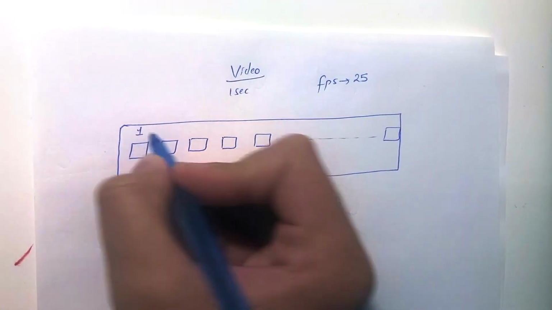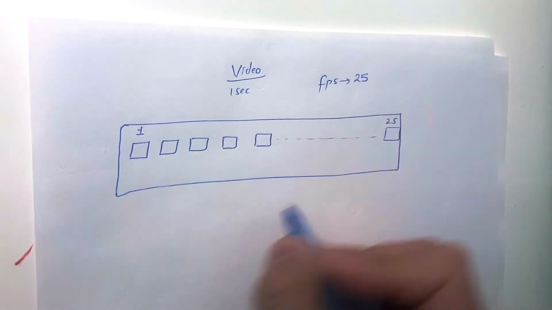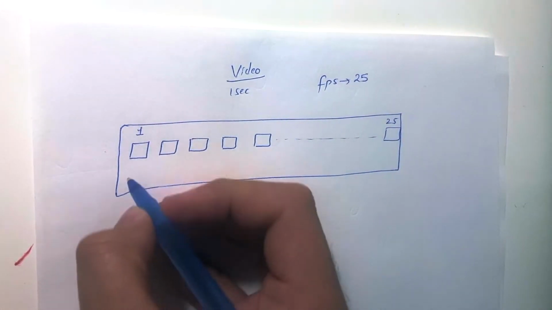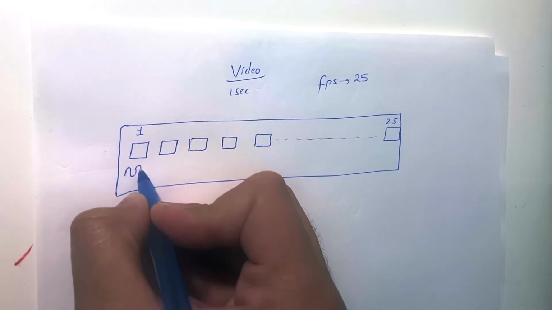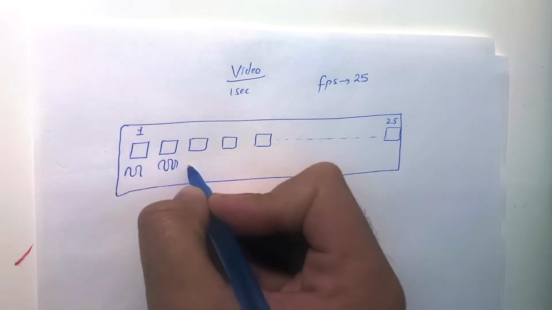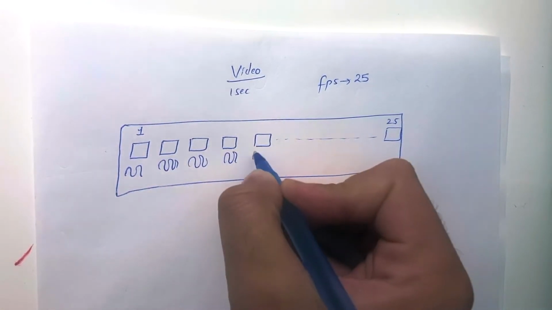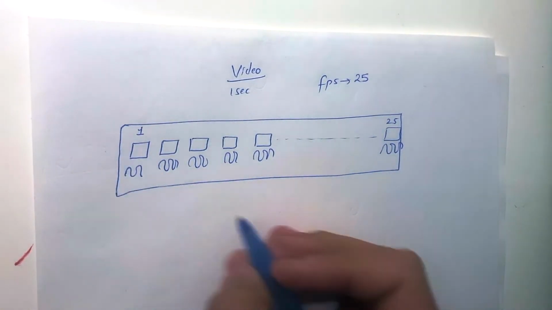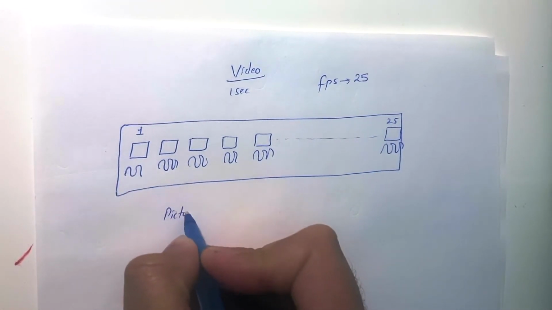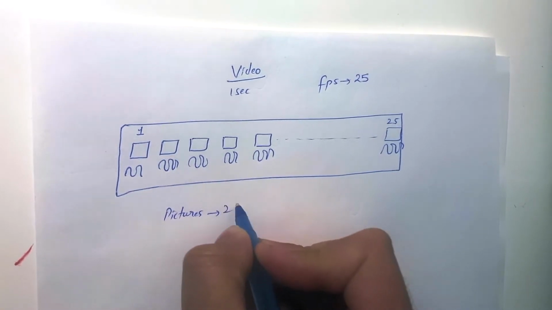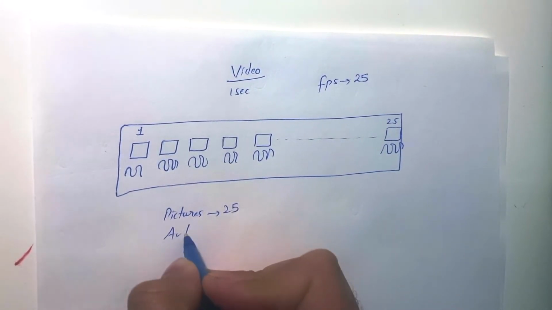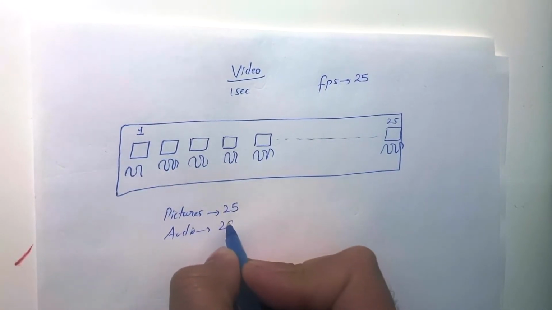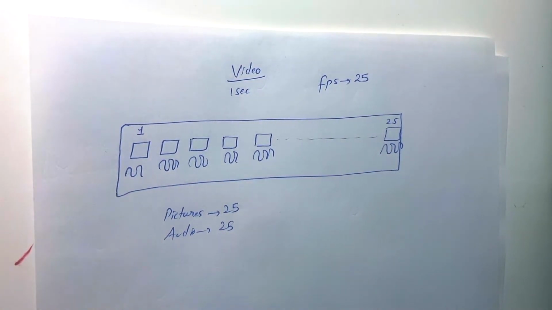And each particular picture will have an audio part, this audio part for this, audio part for this, and all the way. So we got 25 pictures, and for each picture, we have an audio part, which are connected, of course, but I just want to make you understand so you have a better understanding about video.